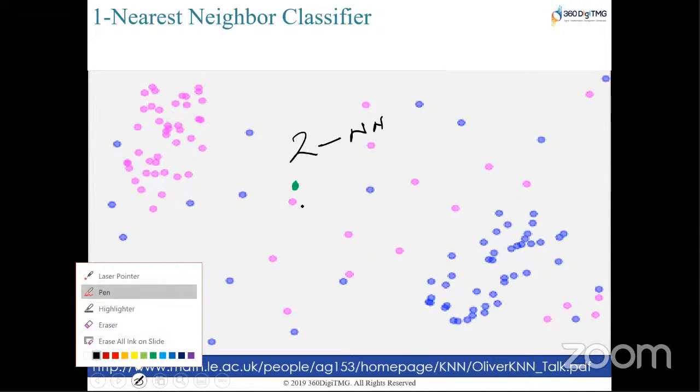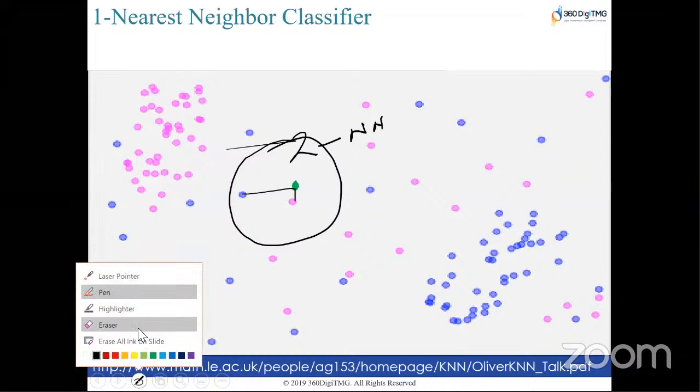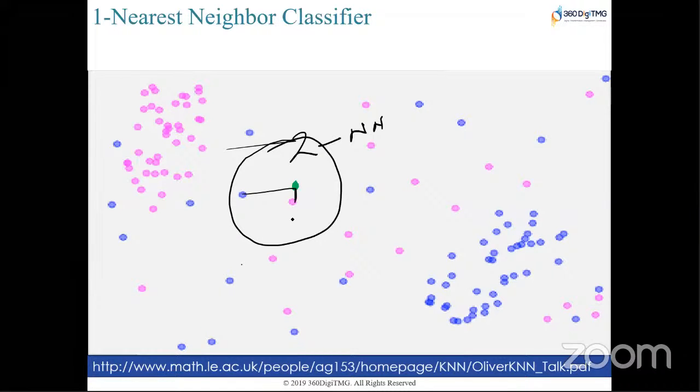They are this and this. If I put a circle around this, this is the two nearest neighbors. Now, there is a conflict. One of the neighbors says, you are pink. The other neighbor says, no, you are blue.